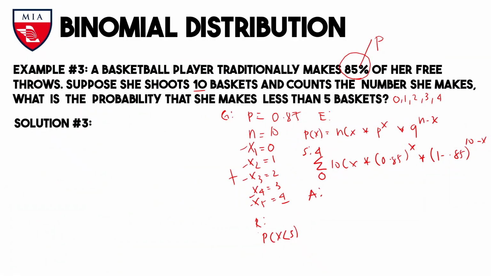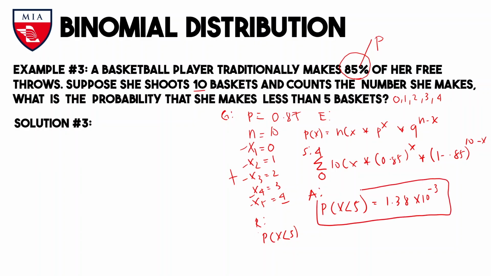So that's how we solve a certain problem using this approach. So we have the probability of x less than 5 is equal to 1.38 times 10 raised to negative 3. So we have this value.